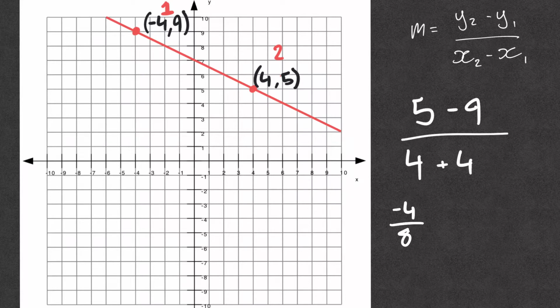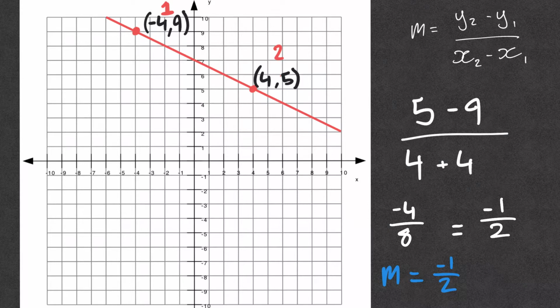Can the fraction -4 over 8 be simplified? Absolutely. Simplify it right down. It's the same as saying -1/2. So in this case, m is equal to -1/2.